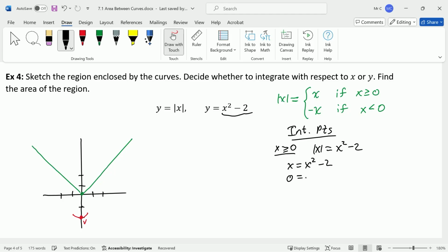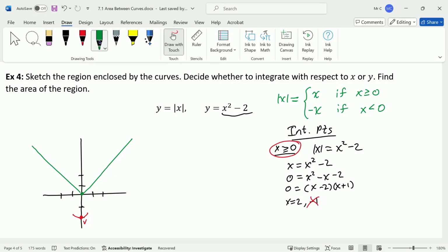And so I subtract the x, I get x squared minus x minus 2, and I factor. I get x minus 2 times x plus 1. So I get x equals 2 or -1. But of course, since we restricted ourselves to x greater than or equal to 0, we can exclude that answer as it doesn't make sense in context.